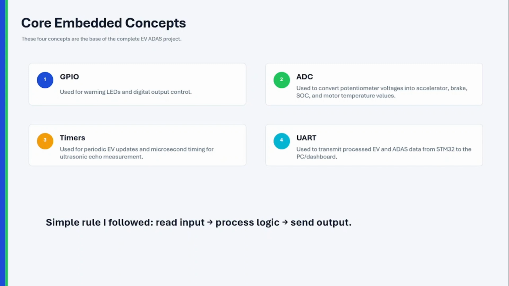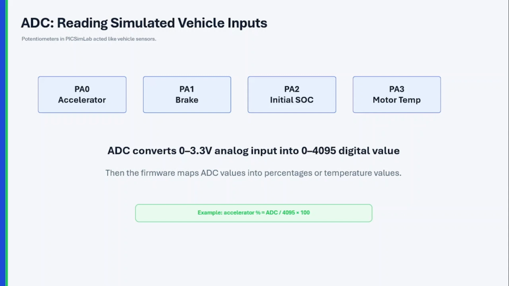Okay, then ADC. In Pixel Lab, potentiometers were used as simulated vehicle inputs instead of actual inputs. We don't have any actual sensors to get the real inputs of the vehicle, so we used potentiometers as simulated vehicle inputs.